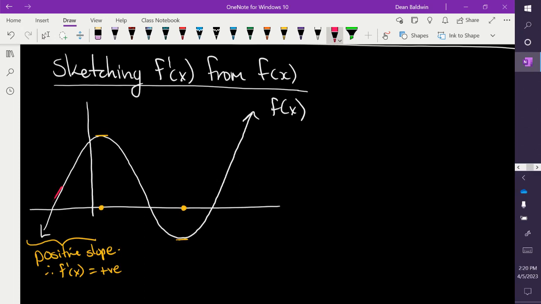The slope here is steeper than the slope there. Do we agree with that? Steeper. Like it's a bigger number. Like I could say m is equal to 5. I'm just making that number up. M here, this red one here would be, I don't know, say 1. Do we agree with that? So we know that the values are positive and they're getting smaller as they get closer to this point because the slope at that point is 0.